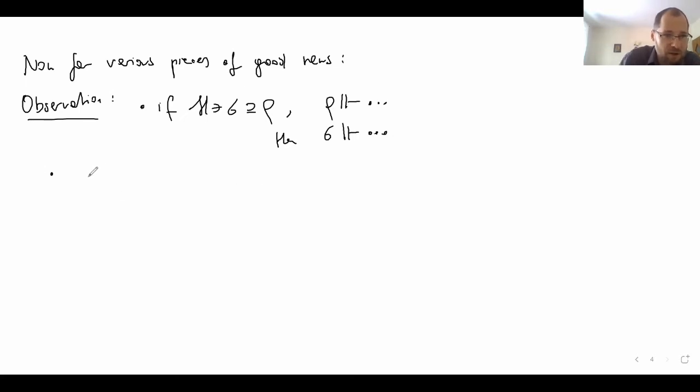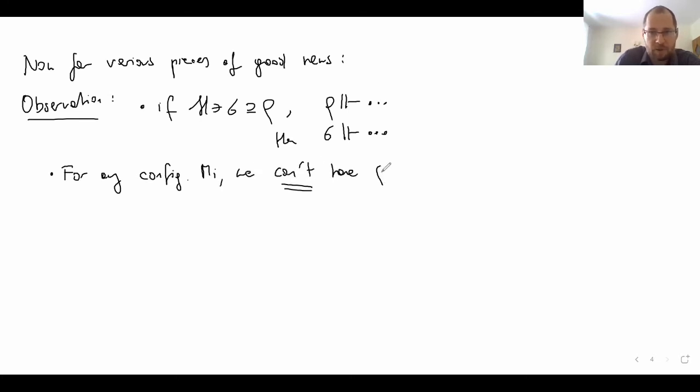Also, for any configuration mi, we can't have rho forces mi and rho forces not mi. So at least that much is working for us, and that's again by definition.